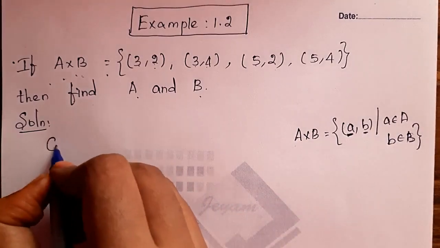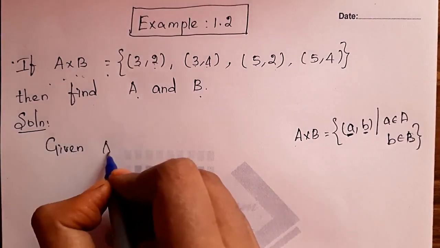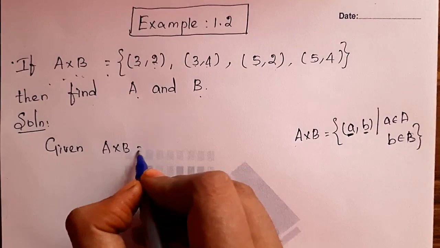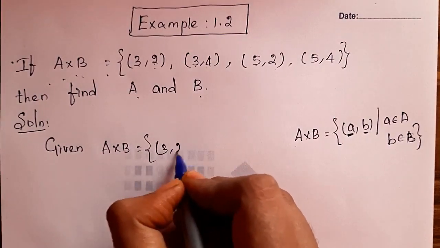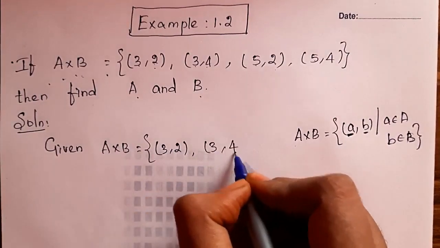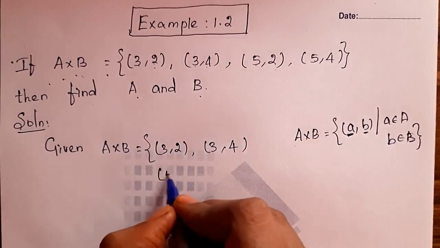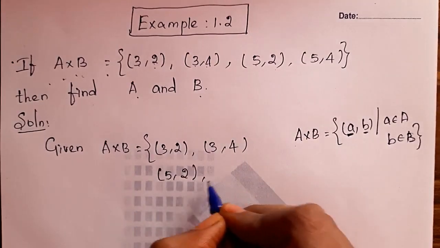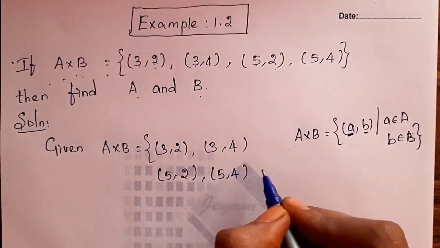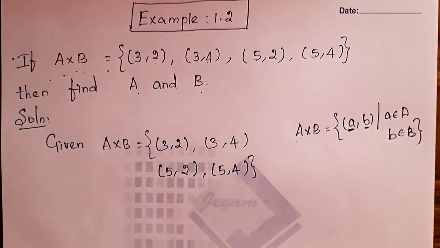So given A cross B is equal to the set of all (3, 2), (3, 4), (5, 2), (5, 4). It is given.